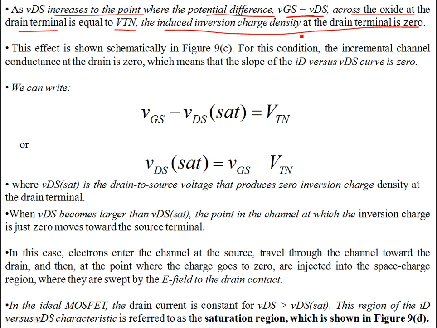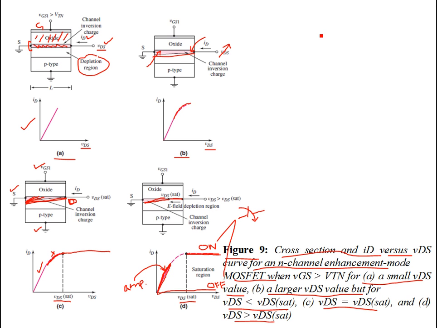You're reversing the PN junction, and the other way of looking at it is that you compromise the inversion layer, or the channel, at the drain terminal, which means at the drain your VGS minus VDS becomes equal to the threshold.